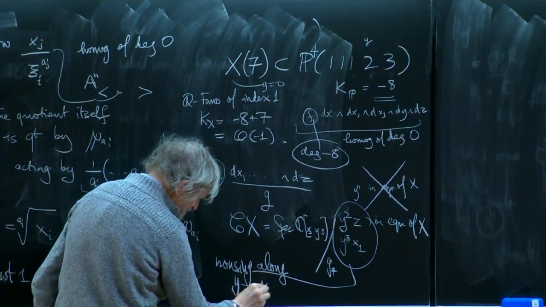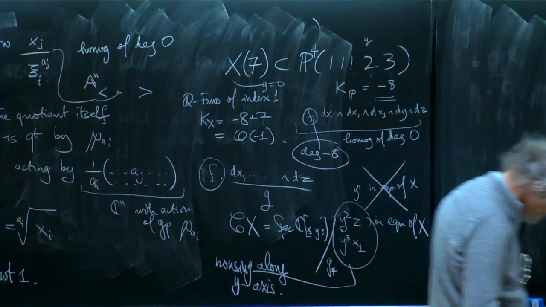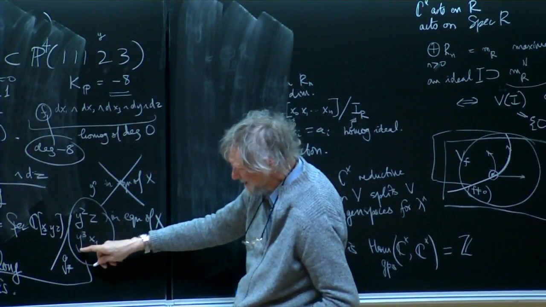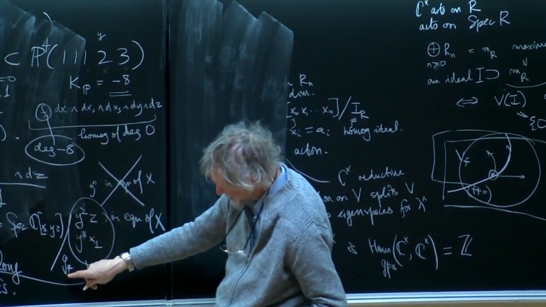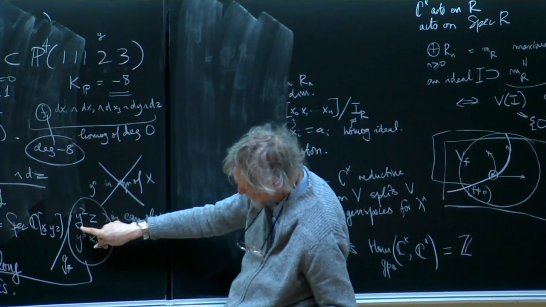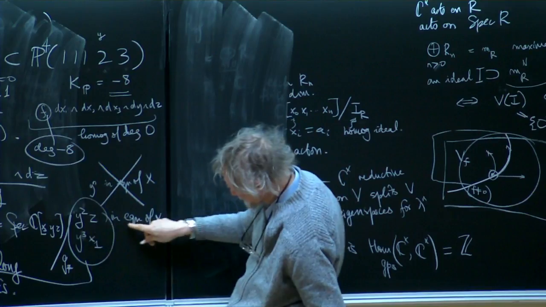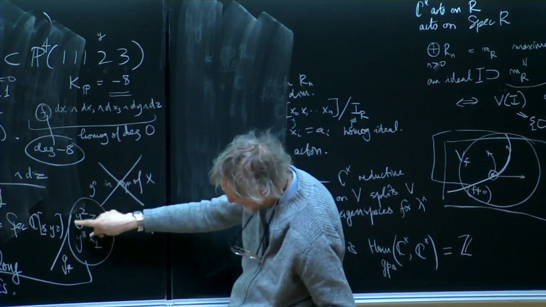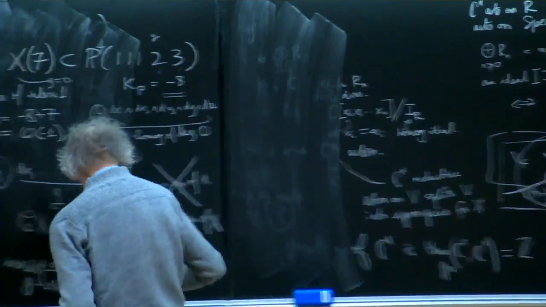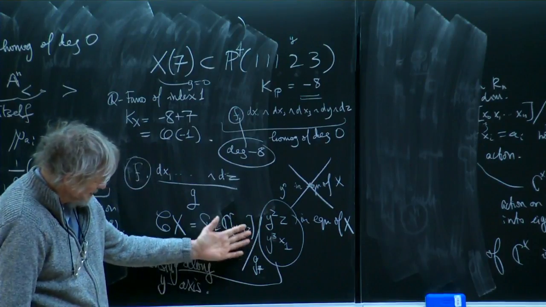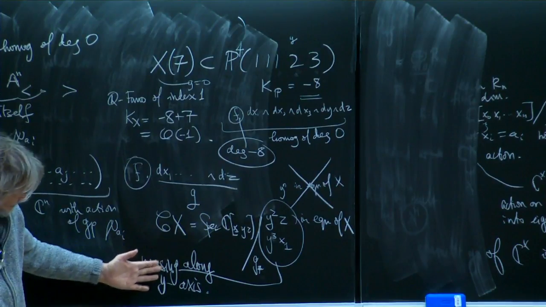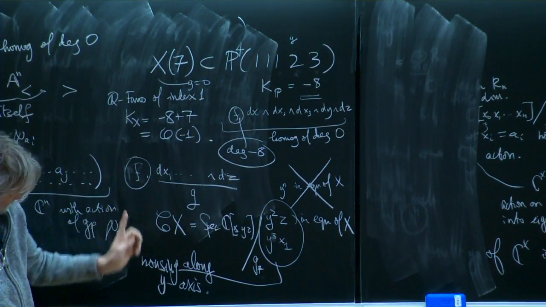Along the y-axis, I can assume that y is equal to 1, and I take this equation g, take its differential with respect to z, and set y equals 1. If this monomial is present in the equation of X, I get a non-zero Jacobian ideal, and by the implicit function theorem, the cone over X is non-singular along the y-axis.